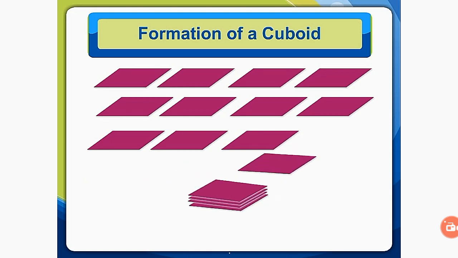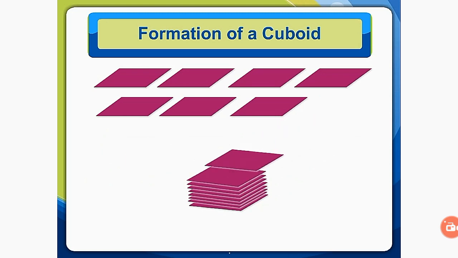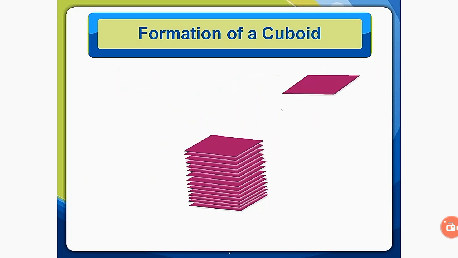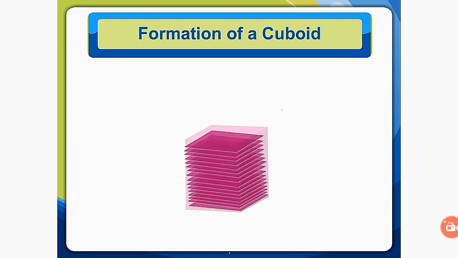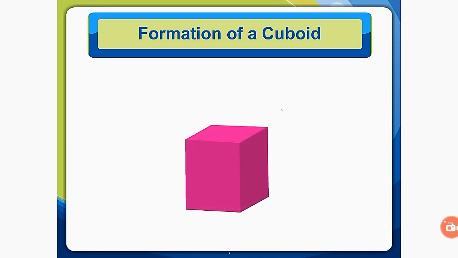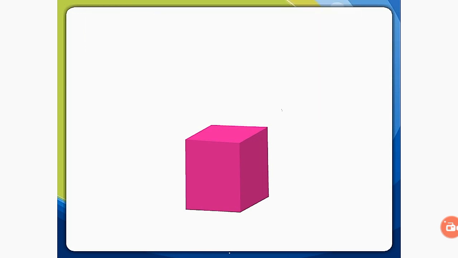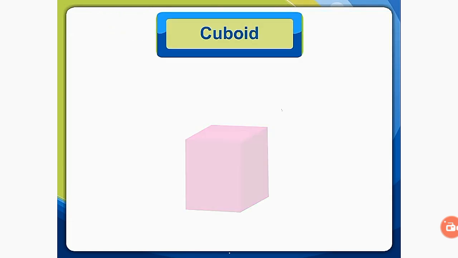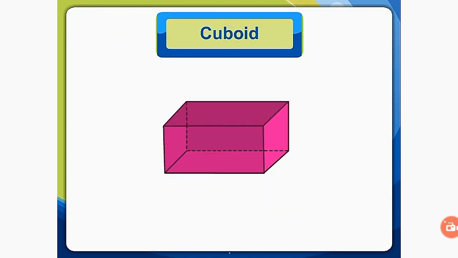If they are kept on one another, then we can see that a new shape is formed. The new shape that is formed is called a cuboid. Yes, this is the cuboid. Many rectangles together will form a cuboid.